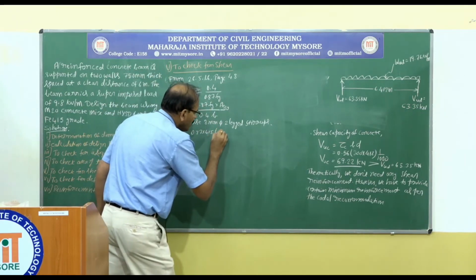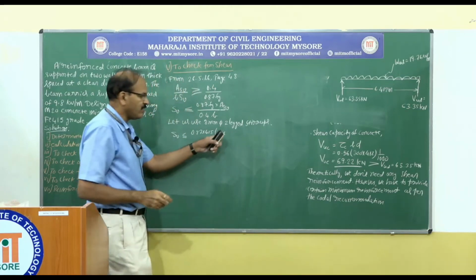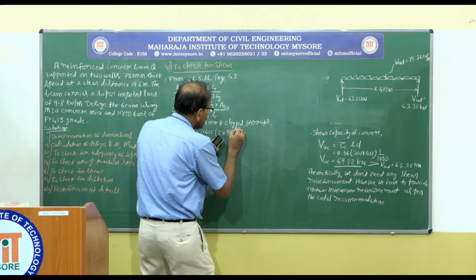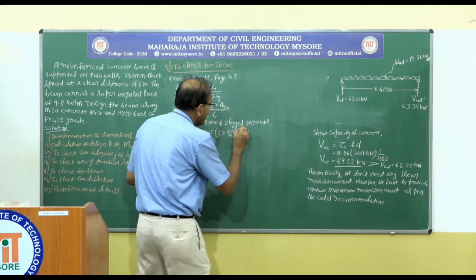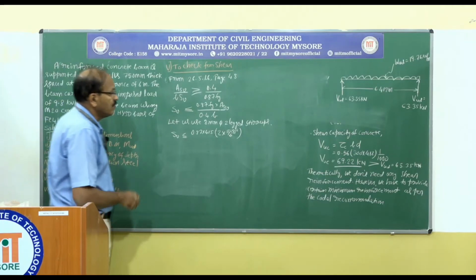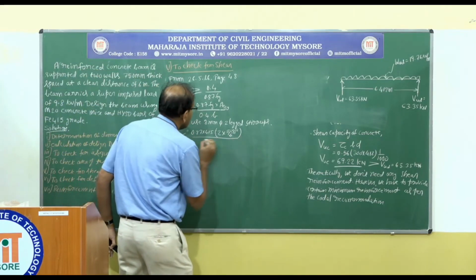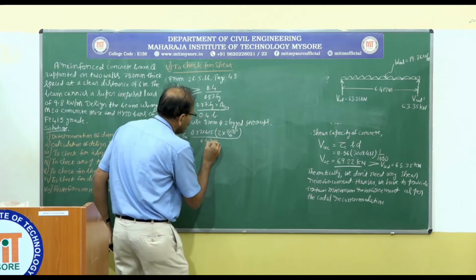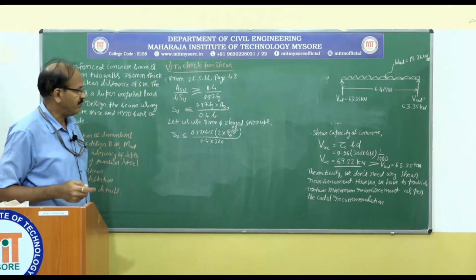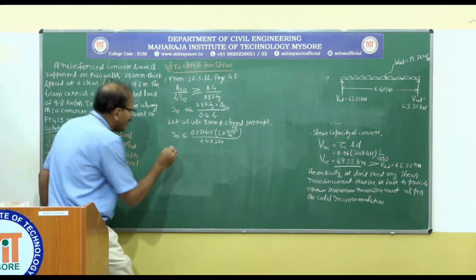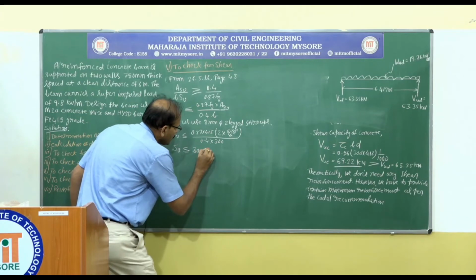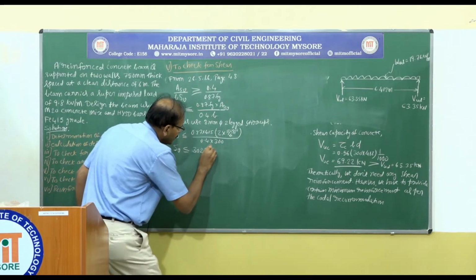We have 2-legged stirrups, that's why I have written 2, and the area of cross section of 8 mm diameter stirrup, divided by 0.4 multiplied by 300 mm, the width of the beam. So this value I am going to get equal to 302 mm.